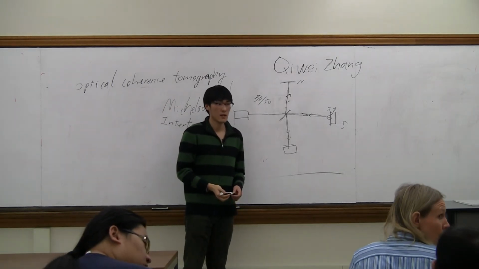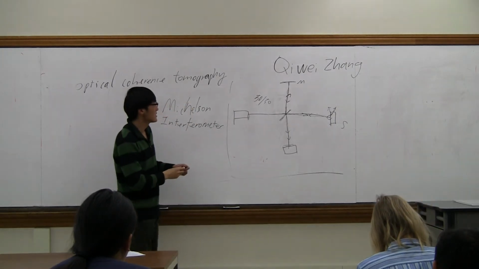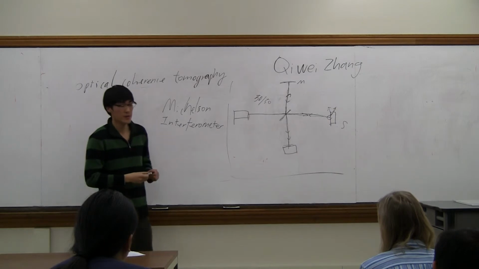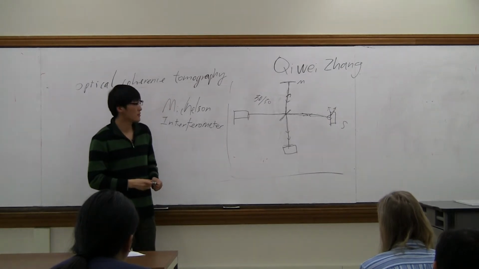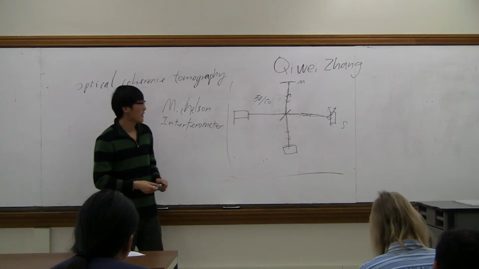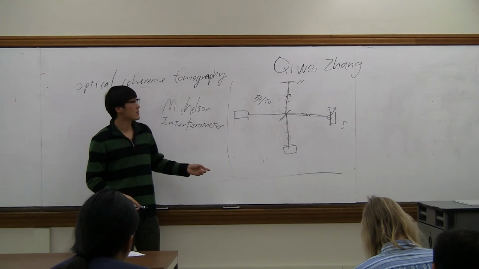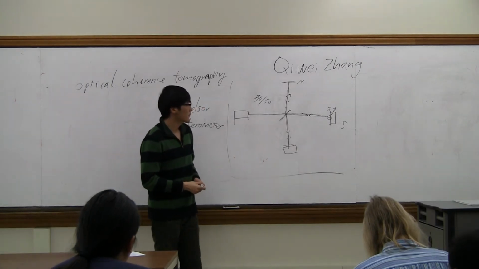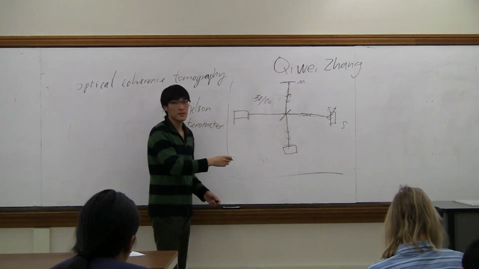What are the advantages of OCT? The advantage of OCT compared with other optical systems is that it has a high resolution and high depth resolution, because it uses the interference system.